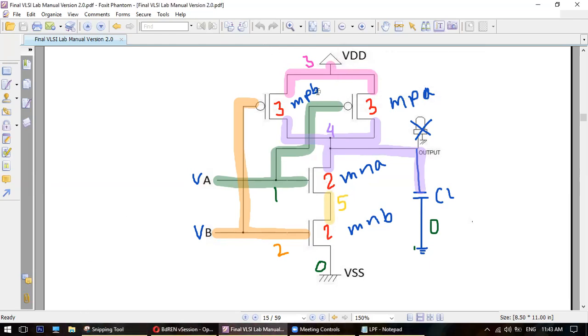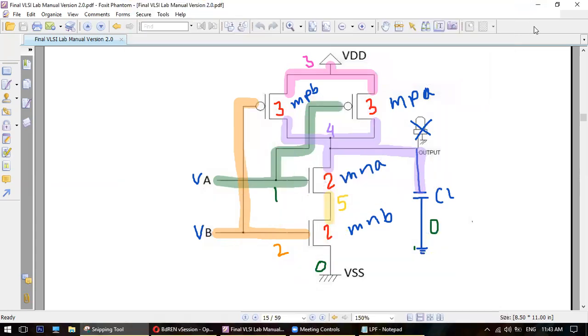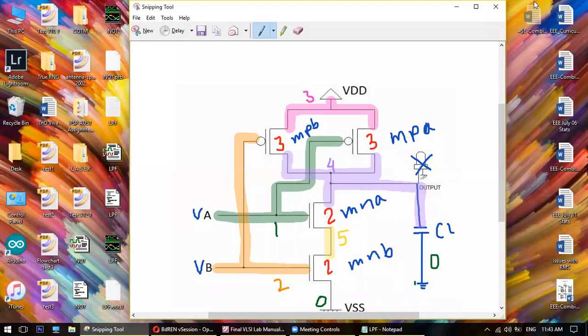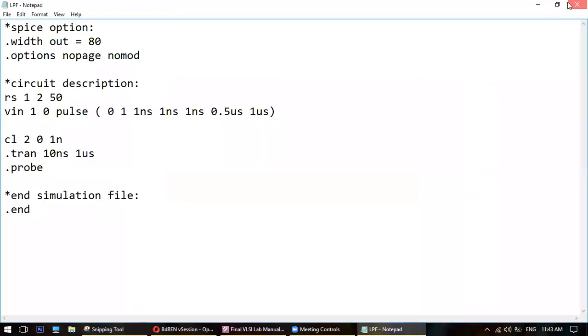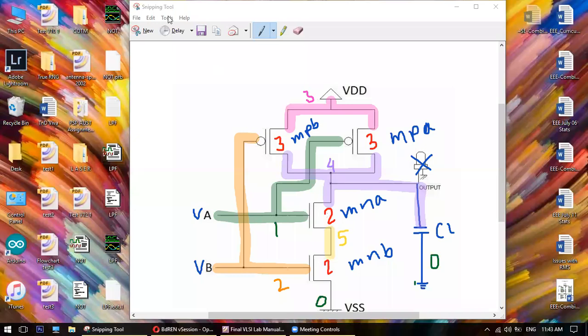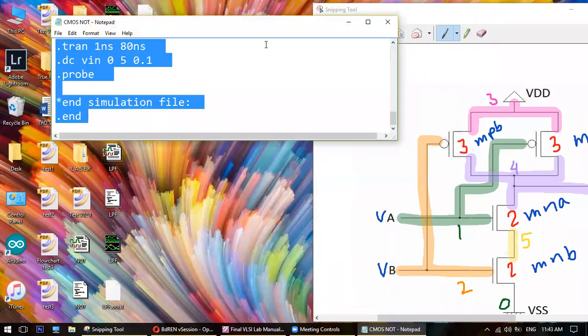Let's take a screenshot and write our code. We will copy the code from the CMOS NOT, same code, just modify.